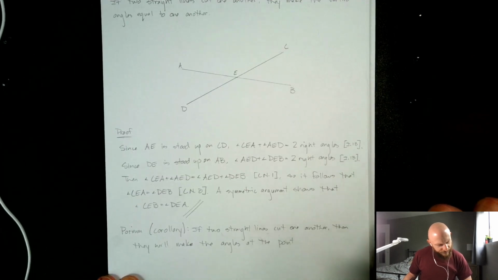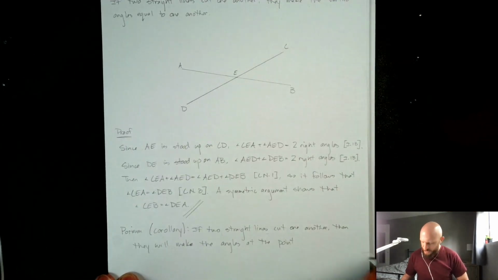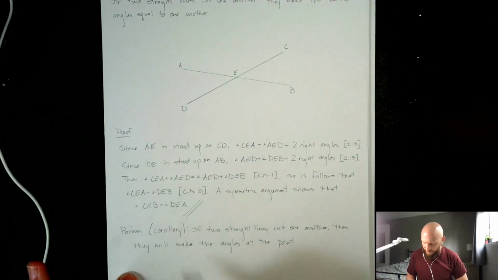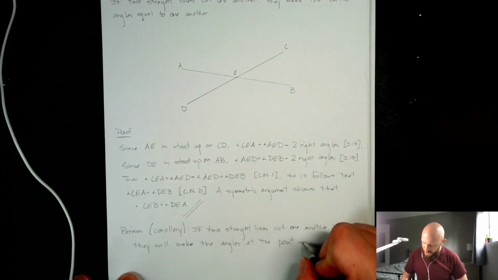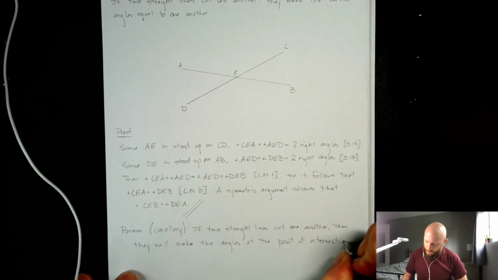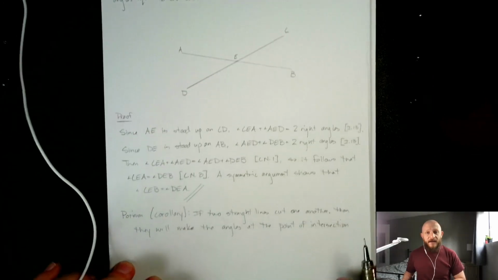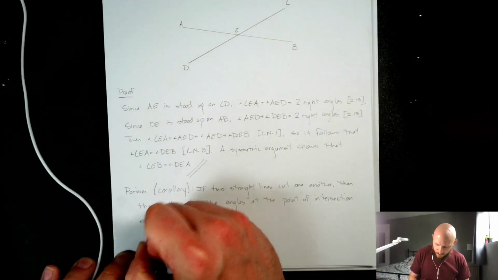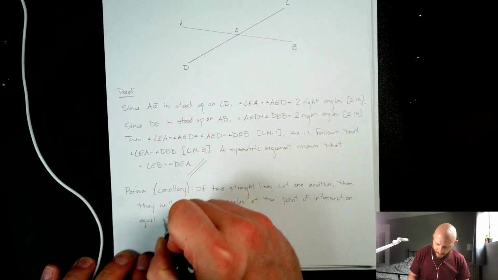They will make the angles at the point of section, which maybe that is the proper way of stating it, but I kind of feel the need to say at the point of intersection. That makes more sense to me. Seems a little bit clearer. Then they will make the angles at the point of intersection equal to, what are they equal to? Four right angles.